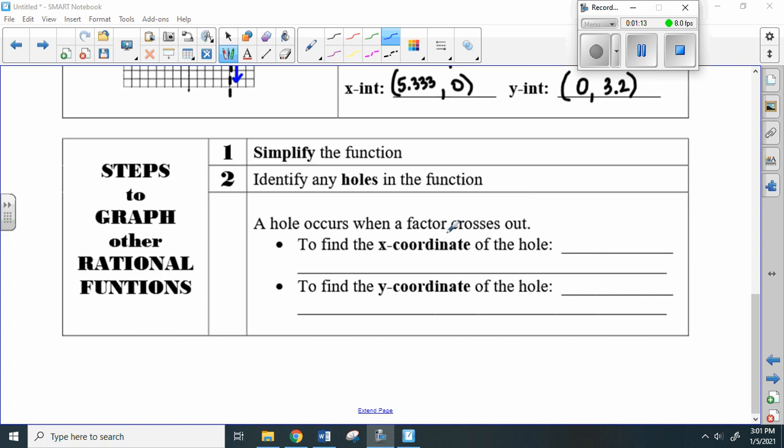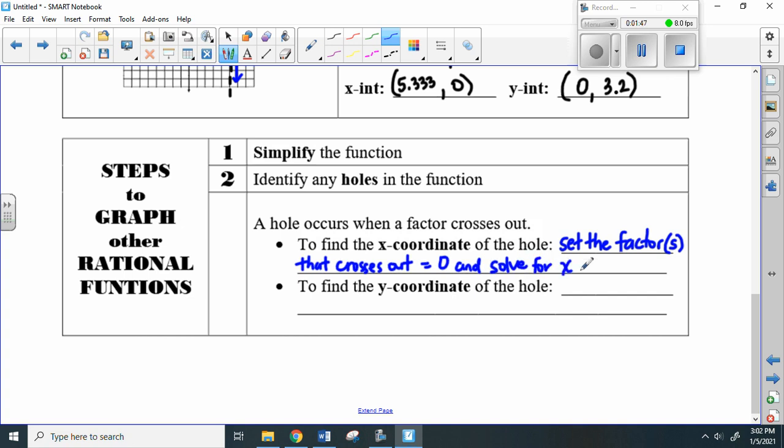To find the x coordinate for that hole, you're going to set the factor, or factors, because you could have more than one hole, that crosses out equal to 0 and solve for x.